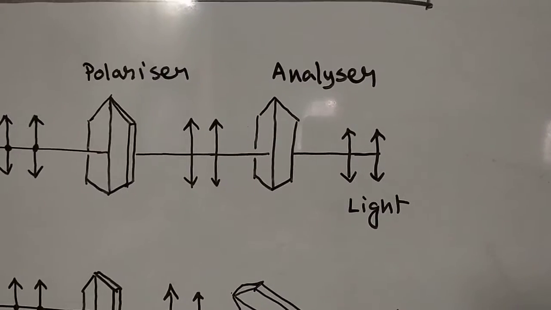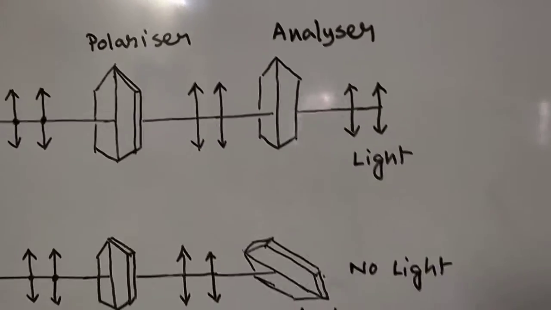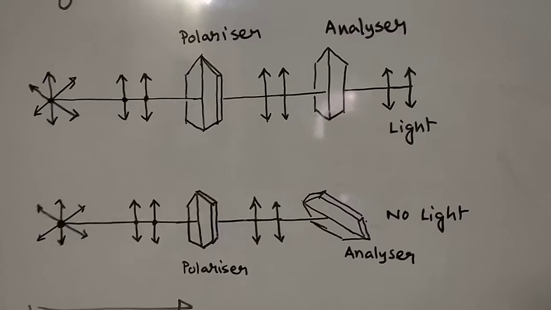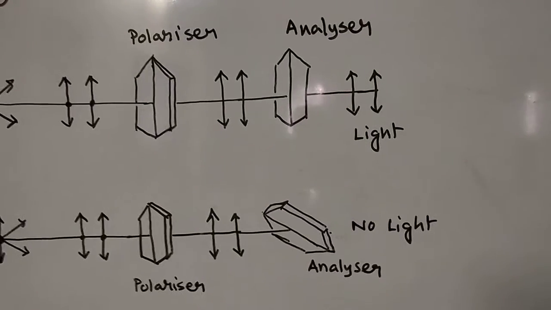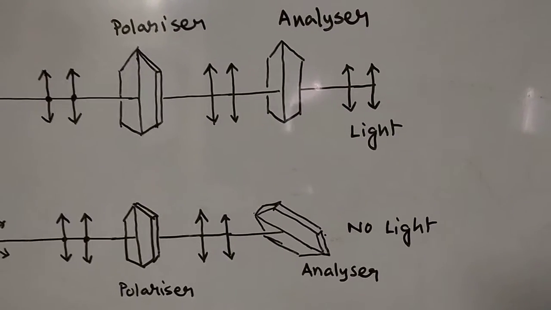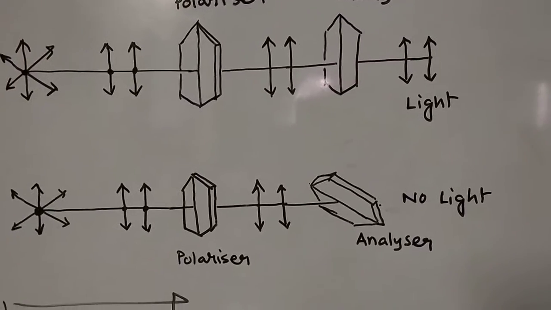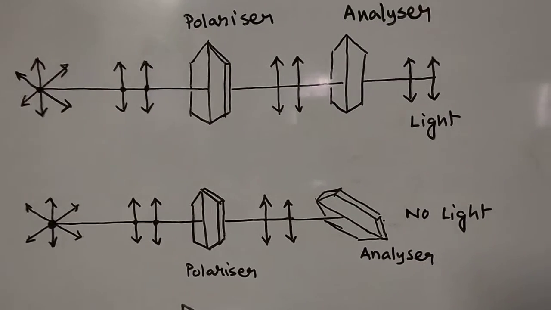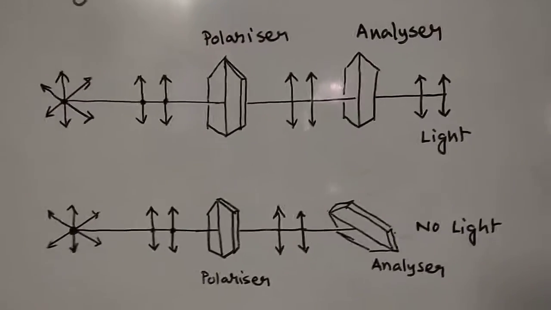But if you place the analyzer in such a way that the slits are perpendicular to the slits of the polarizer, then you will see no light. So it means the vibrations are confined in a particular direction.